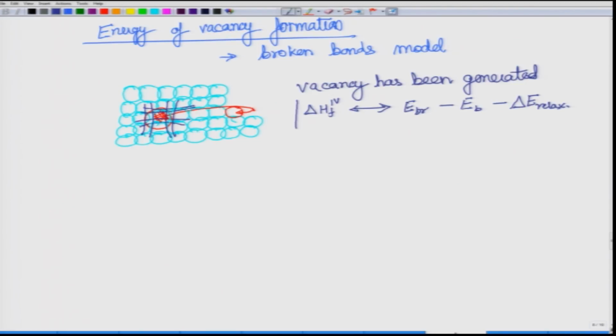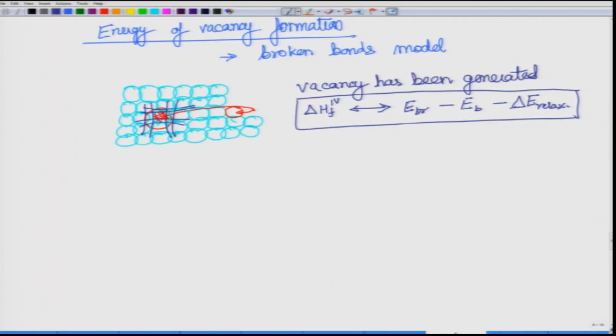So, this delta HF, which is the formation of one vacancy, can be obtained from this broken bond model by obtaining the energy because of broken bonds, minus the energy released because of bonding at the surface, minus the energy released because of relaxation.